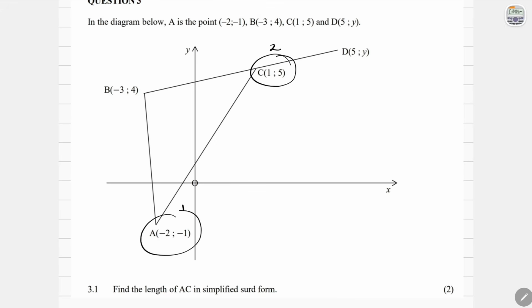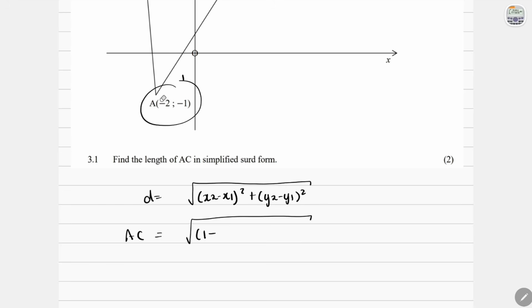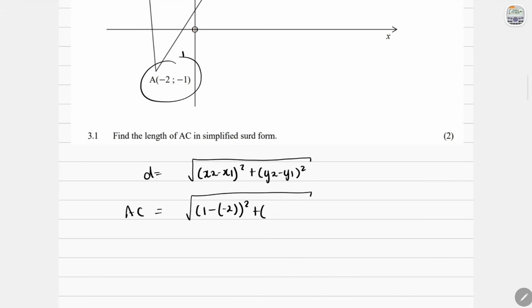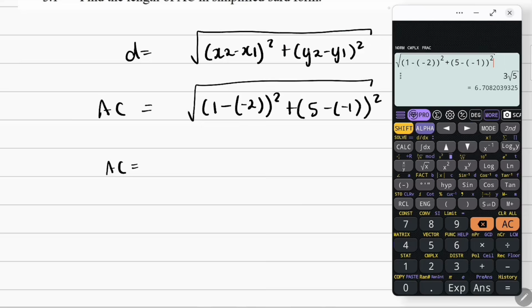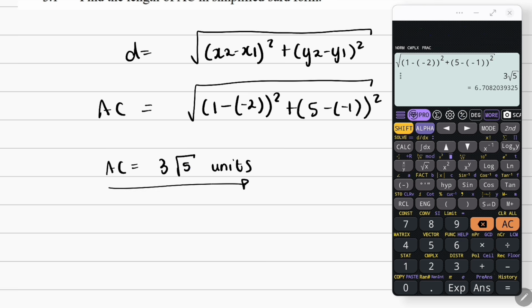So x2 is 1, that's 1 minus x1, which is -2, all squared, plus y2 minus y1, that's 5 minus -1, all squared. Just go ahead and punch that into your calculator, and let's get our answer. Our final answer is 3 square root 5 units. And that is it for this question.